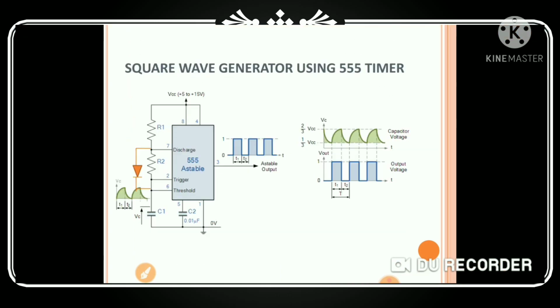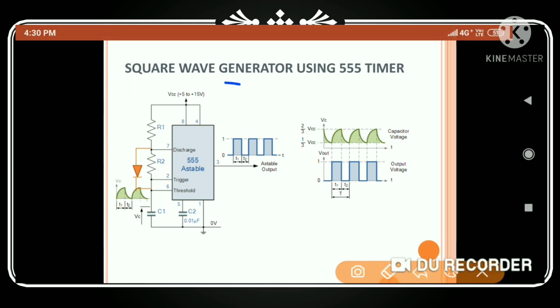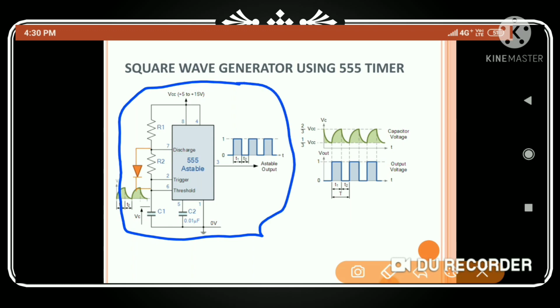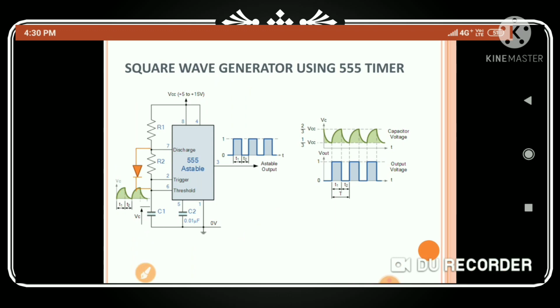Wait, first I will explain the square wave generator using the 555 timer. Okay, the same diagram is used for both the rectangular wave and the square wave generator using the 555 timer. Okay, so see here, one diode D is used here. That diode D is connected to the 7th pin, and this end is connected to the 6th pin.